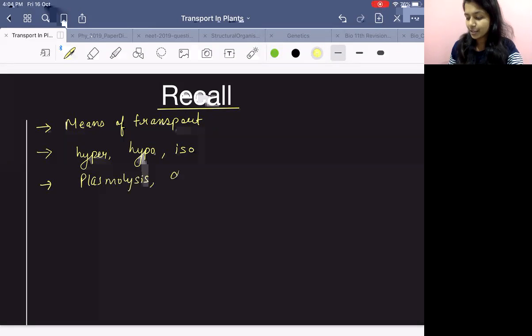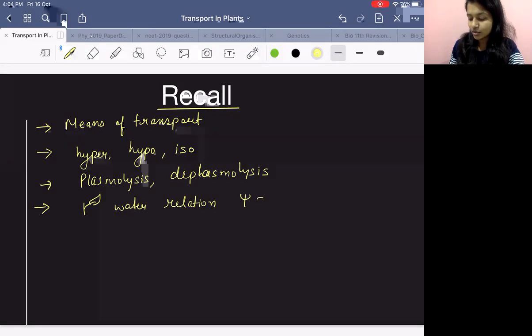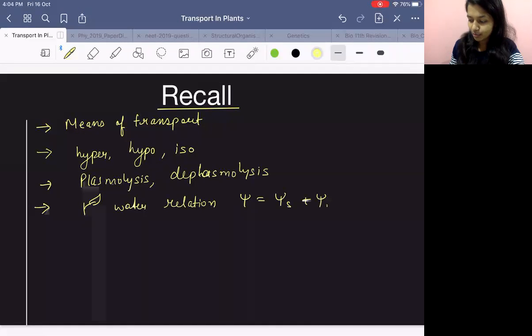We had learned deplasmolysis. What else we had learned? Plant water relation. Water potential is equal to solute potential plus pressure potential. Related to this, we had learned osmotic potential, osmotic pressure, turgor pressure, all these things.